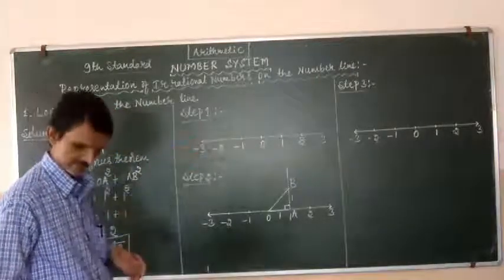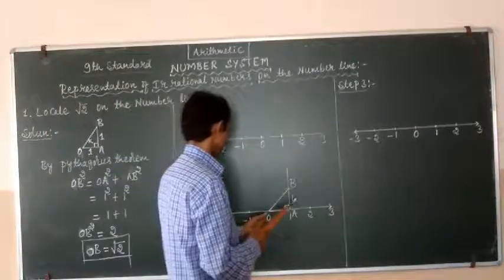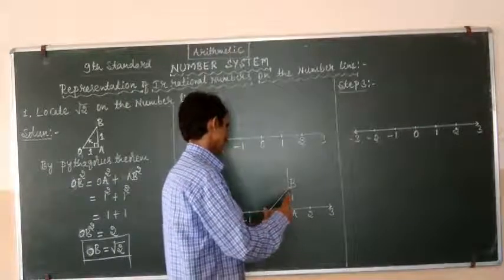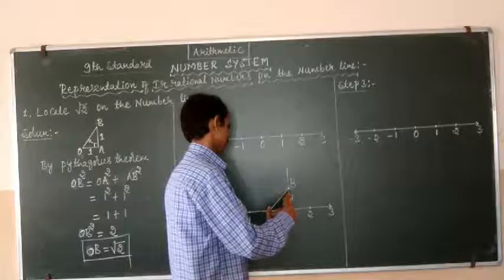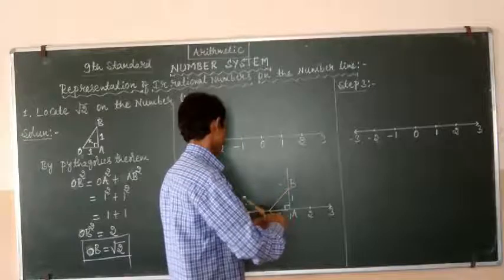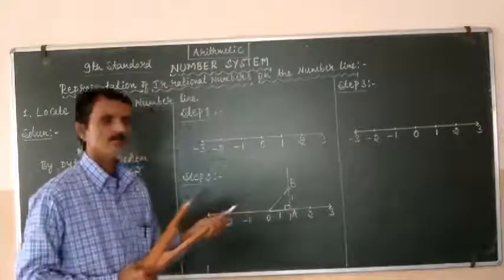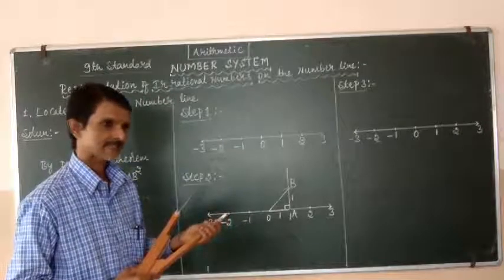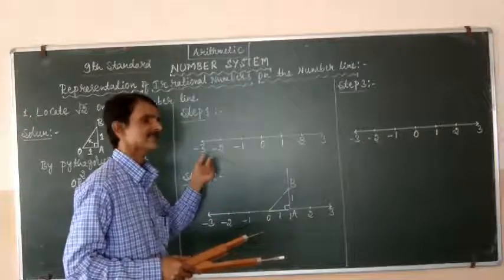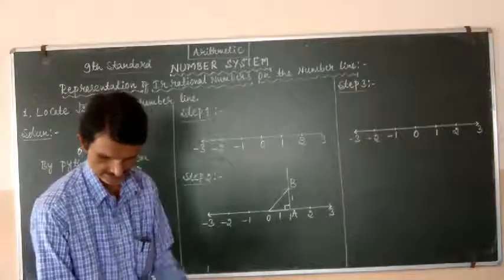So in the third step, we are going to draw an arc, or semicircle, with O as the center.